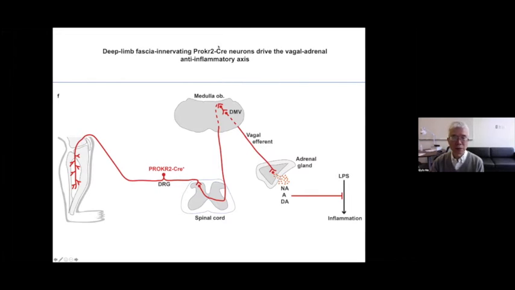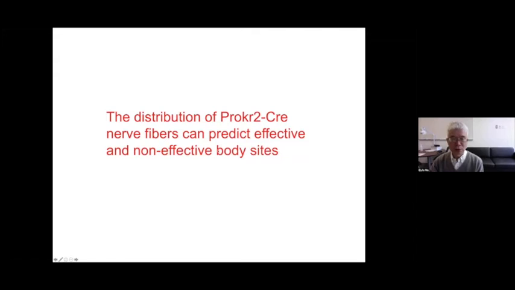So this part of the study shows that Prokr2 neurons, which innervate the deep limb fascia in the limb region, are both necessary and sufficient to drive the vagal-adrenal anti-inflammatory pathway. It was also interesting that now we can come back and take a closer look at the nerve distribution of this group of neurons.